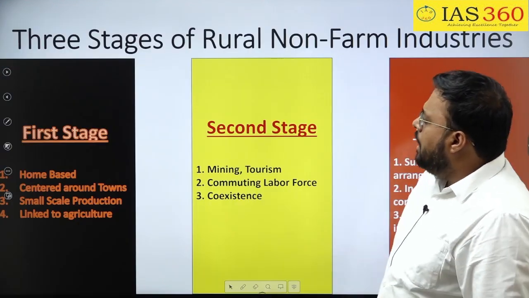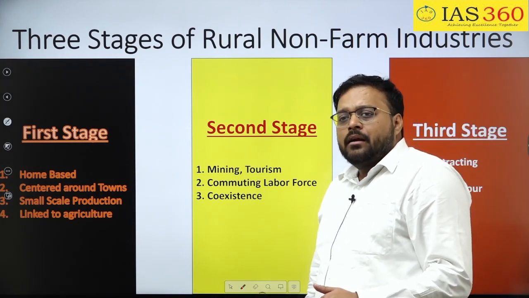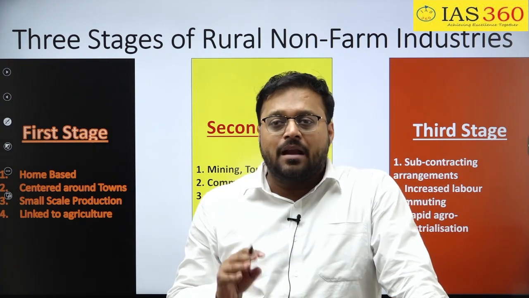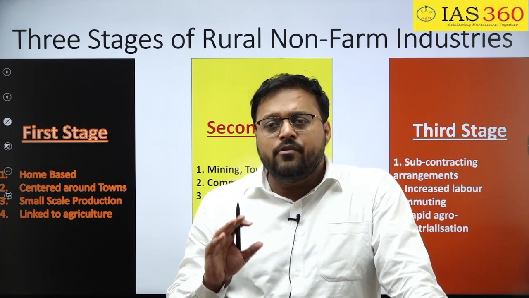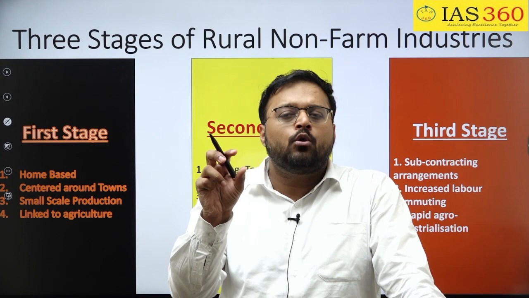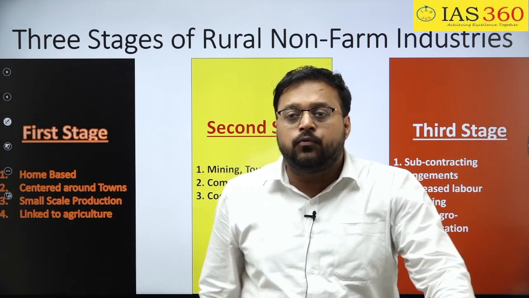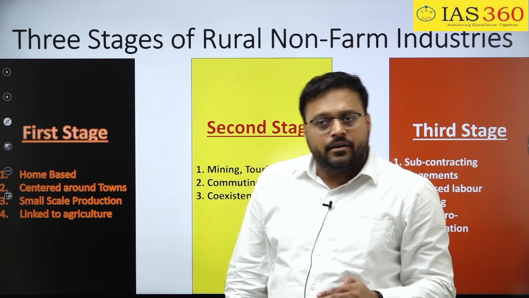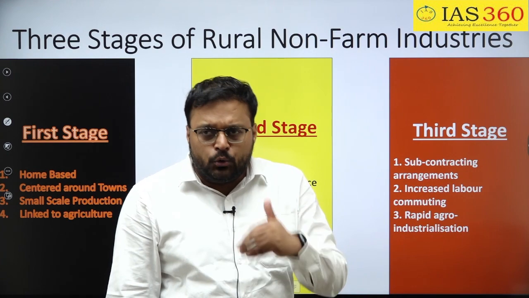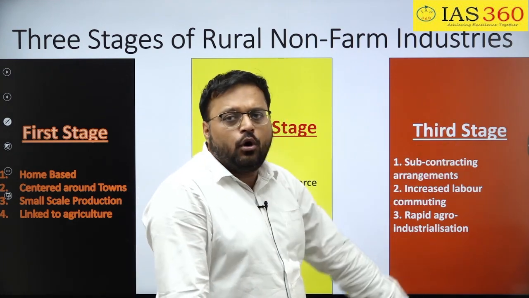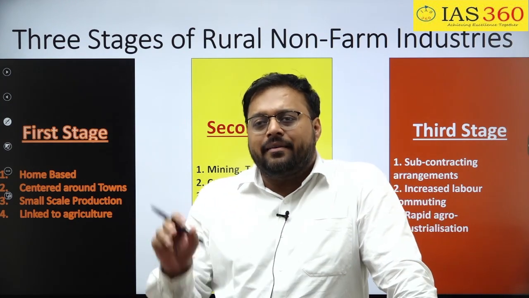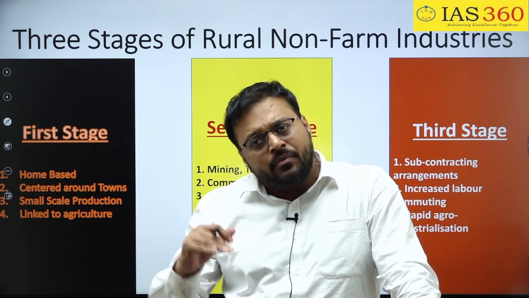Now, if you want to understand the different stages of rural industries and where India stands, all the countries in the South Asian continent fall under the first stage of rural industrialization. Western countries like the US and Europe are in the third stage. Latin America, that is the Brazilian area, comes into the second stage.